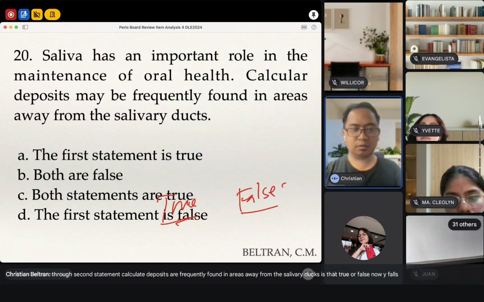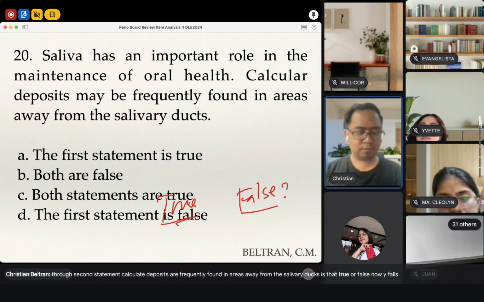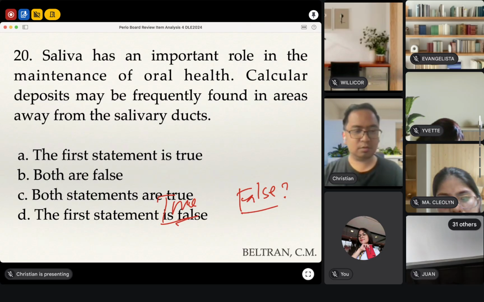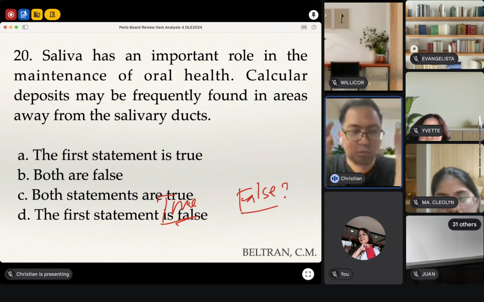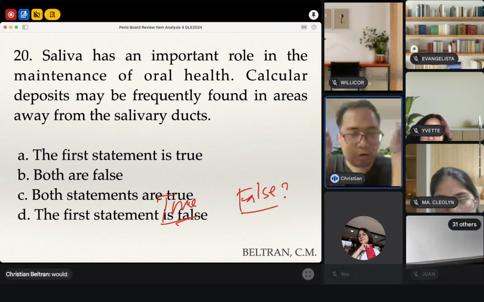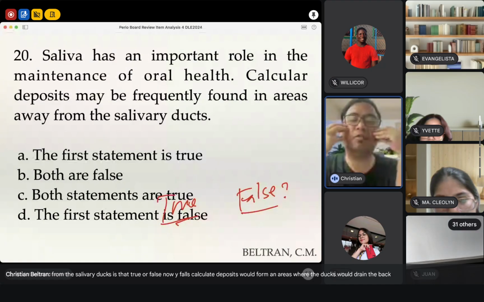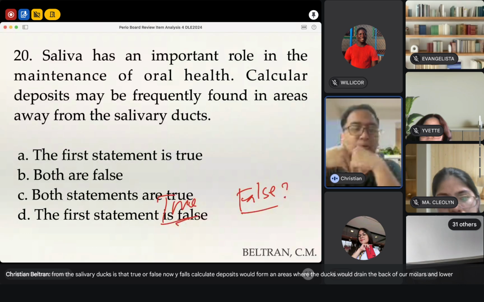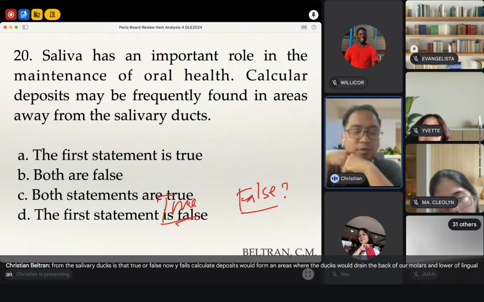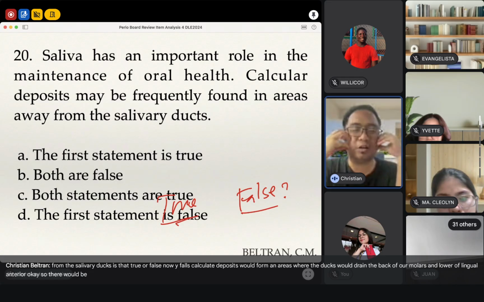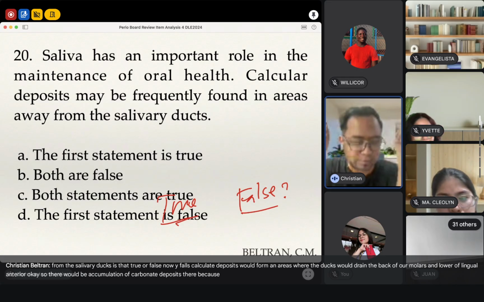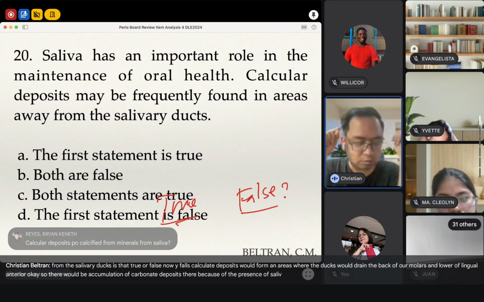Why false? Because calcareous deposits form on areas where the ducts drain, right? Buccal of upper molars and lingual of lower anteriors. So there would be accumulation of calcareous deposits there because of the presence of saliva.